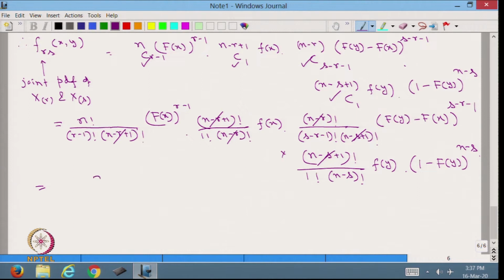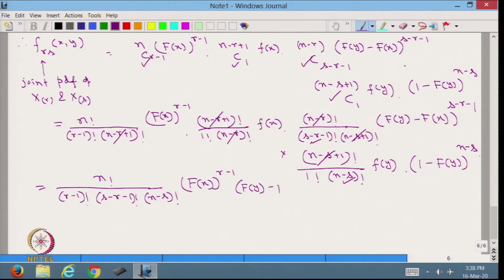Therefore, we get n factorial upon (r minus 1) factorial into (s minus r minus 1) factorial into (n minus s) factorial, and this multiplied by F(x) to the power r minus 1, (F(y) minus F(x)) to the power s minus r minus 1, (1 minus F(y)) to the power n minus s into f(x) into f(y).